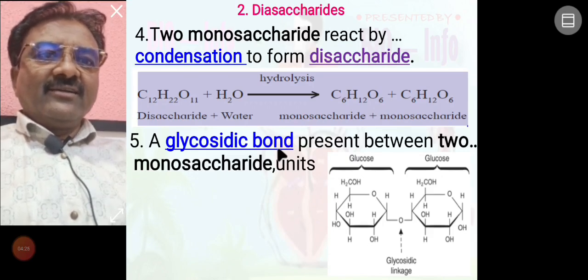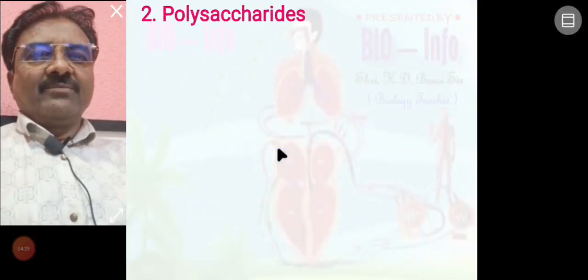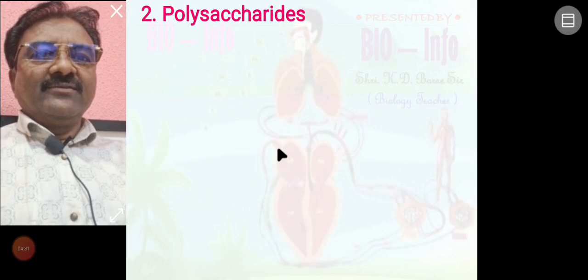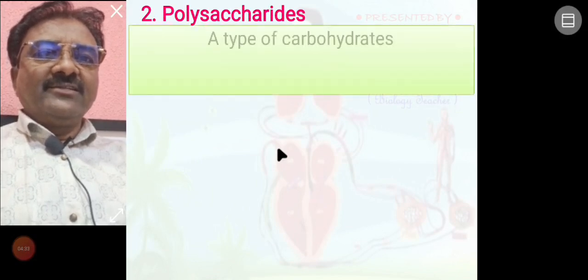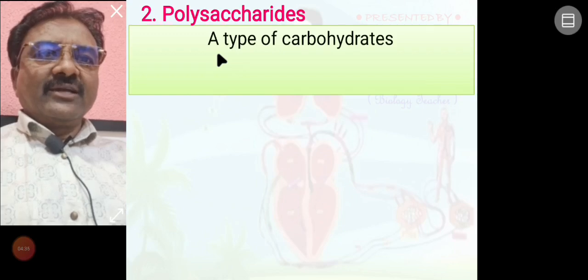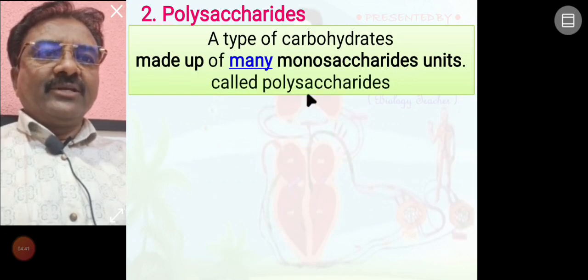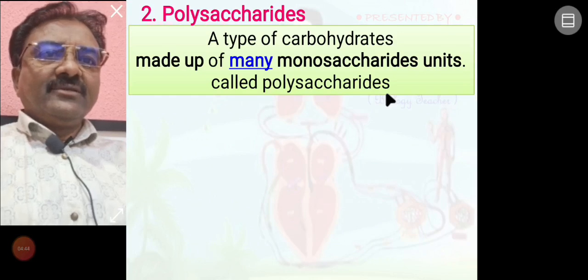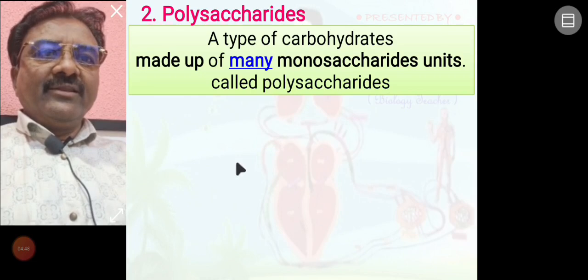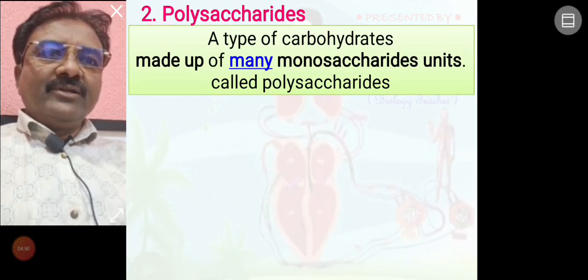completed. Now we learn the third type of carbohydrate known as polysaccharide. What is polysaccharide? It is also a type of carbohydrate made up of many monosaccharide units. You know, a monosaccharide is made up of only one simple sugar unit.